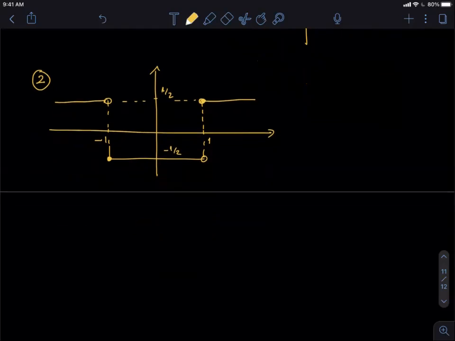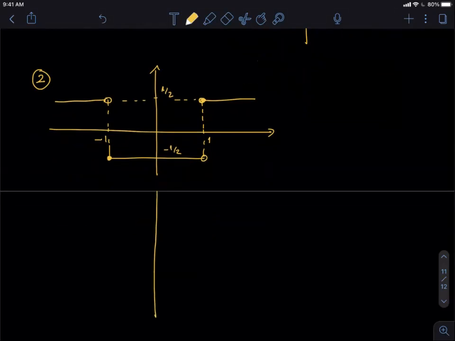So what can be a possible antiderivative in this case? Here we need to keep in mind where the jumps are and then realize, well, okay, the slope is 1/2 after 1, so it's going to be a straight line with a slope 1/2.